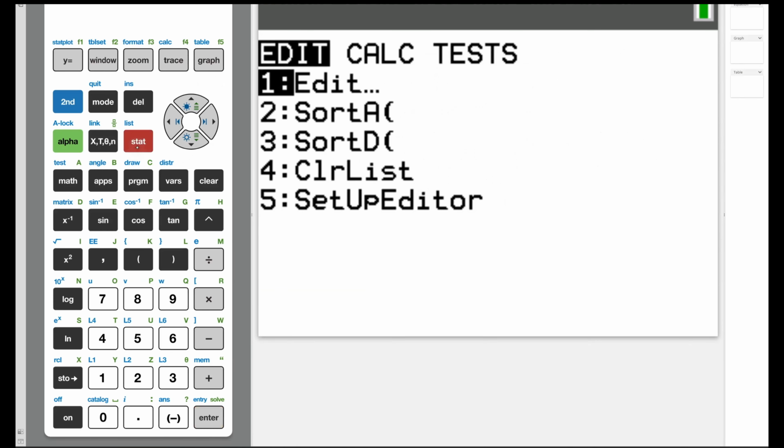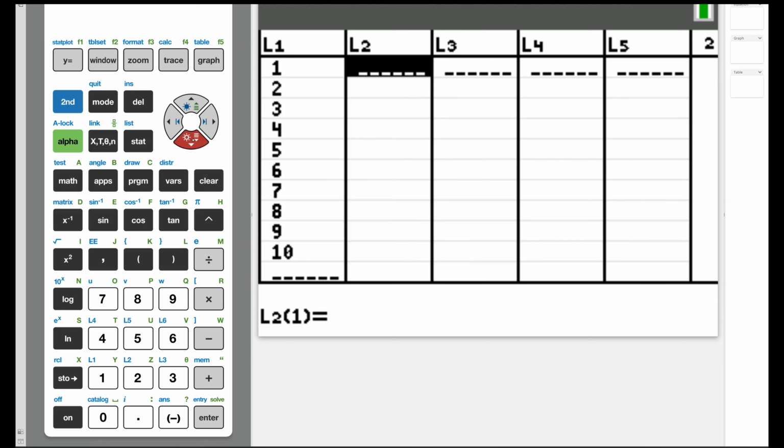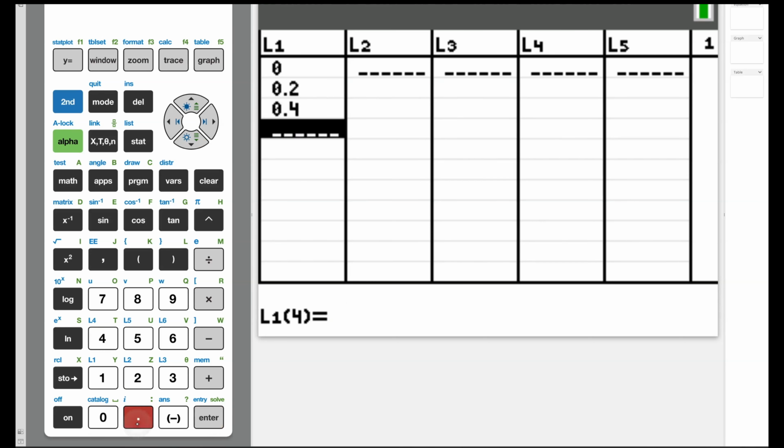We're going to go back to stat and choose edit and take the data out we previously had. So jump up to that list, press clear, pop back down, and then go over and clear the other list. So you're going to put all of those x values, the times, in. So you have 0, enter, 0.2, enter, 0.4, enter, 0.6, enter, 0.8, enter, 1, enter.